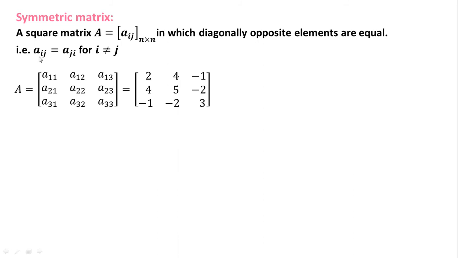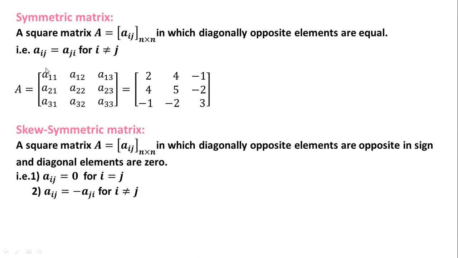So that's why Aij is equal to Aji for i not equal to j. That means if diagonally opposite elements are equal, then that square matrix is called a symmetric matrix. It is symmetric about its diagonal. So the name itself tells us that it is a symmetric matrix.